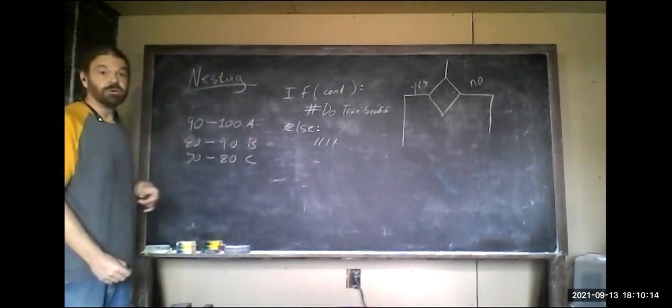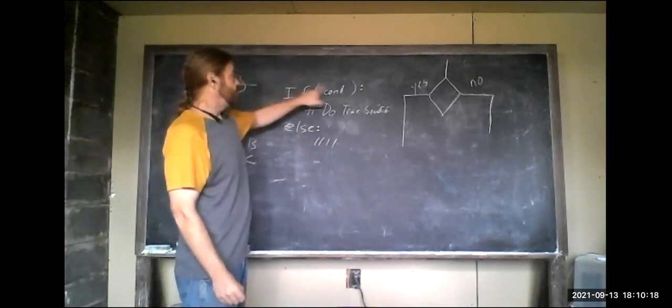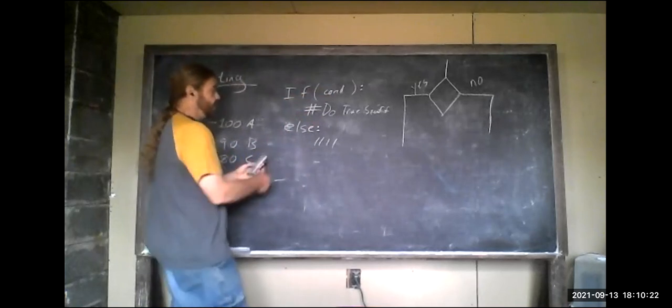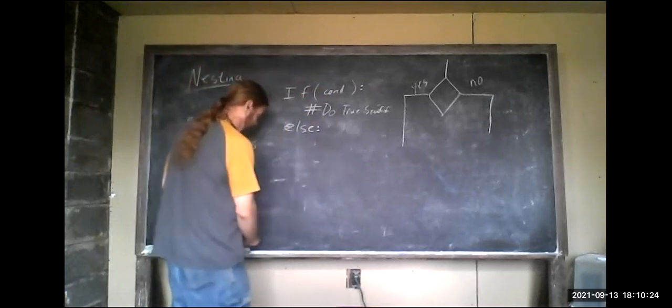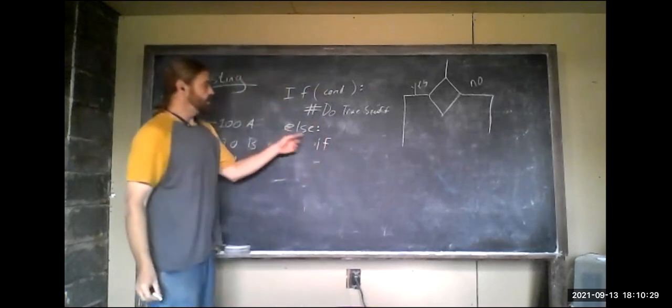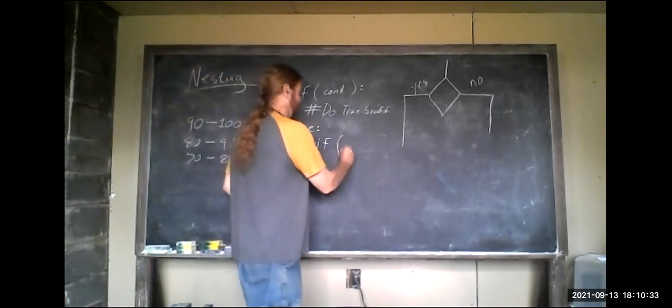It's not just one yes or no. So a very, very common thing is that we check that first condition. If that's false, then we jump into the else block. And nesting is, once we're in that else portion, we'll put another if statement.